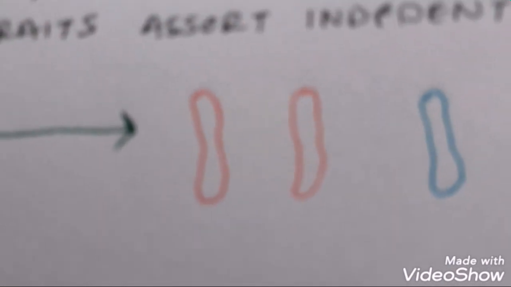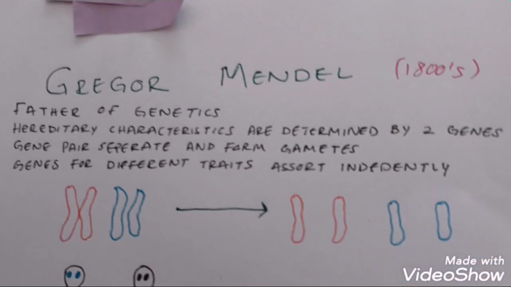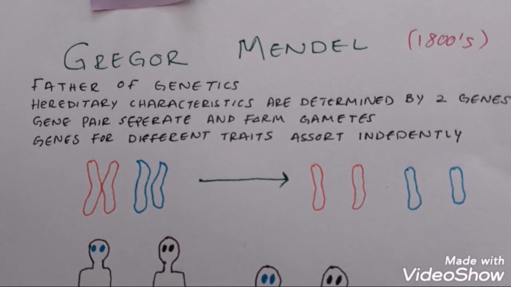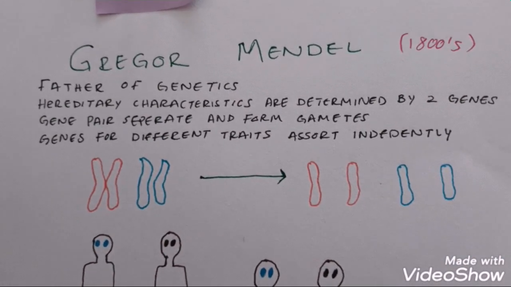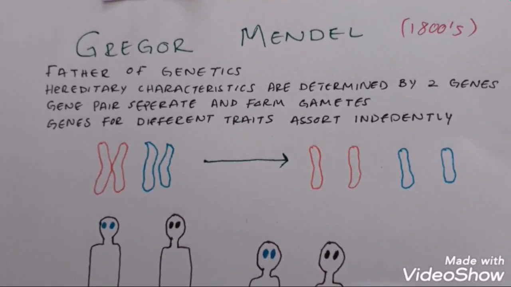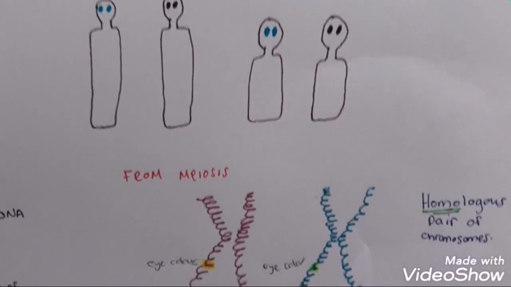So who is the person that discovered there are 2 chromosomes that align that are homologous pairs? Well, his name is Gregor Mendel. He is known as the father of genetics, and that he discovered hereditary characteristics are determined by 2 genes. So one comes from the mother and one comes from the father.